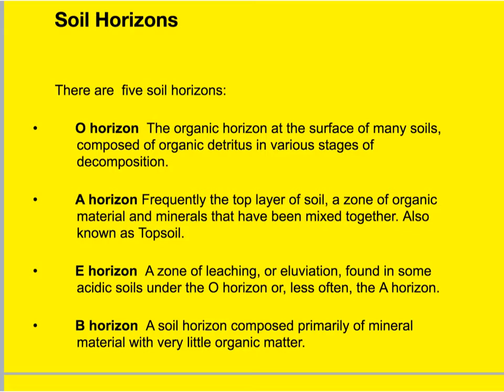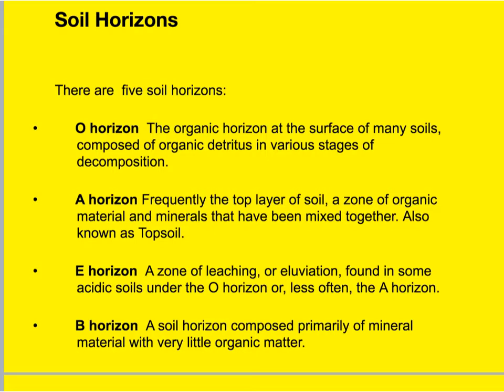We call that topsoil. And then the E horizon, that's a zone of leaching and alluviation found in just some soils, not every soil. Really acidic soils actually. It lies just underneath the O horizon, and even less often the A horizon. What's happening there is minerals have leached out due to a lot of water percolation.